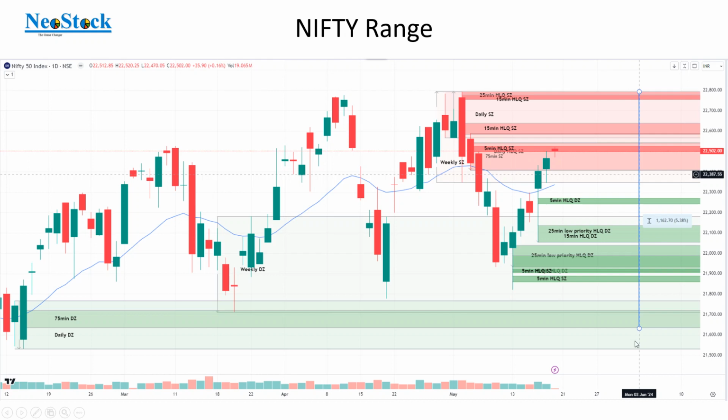You have this range from here to here. Probably you may see the movement within this area if this upper daily zone is not violated.